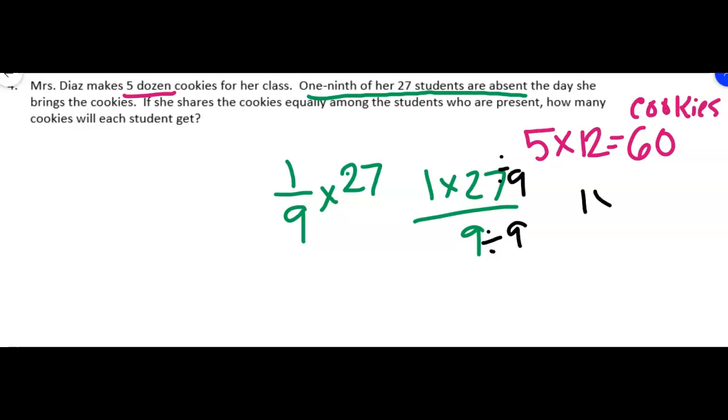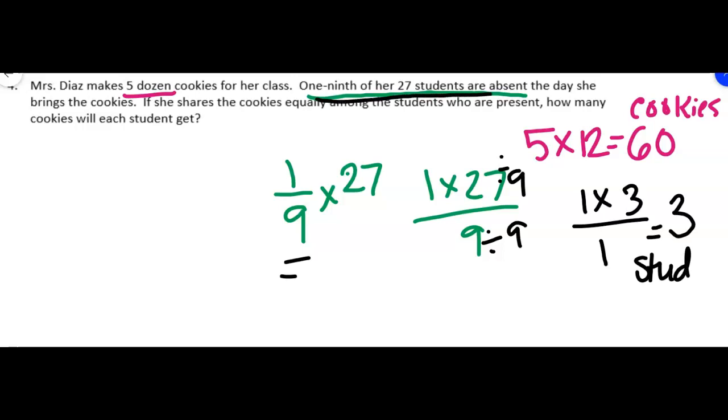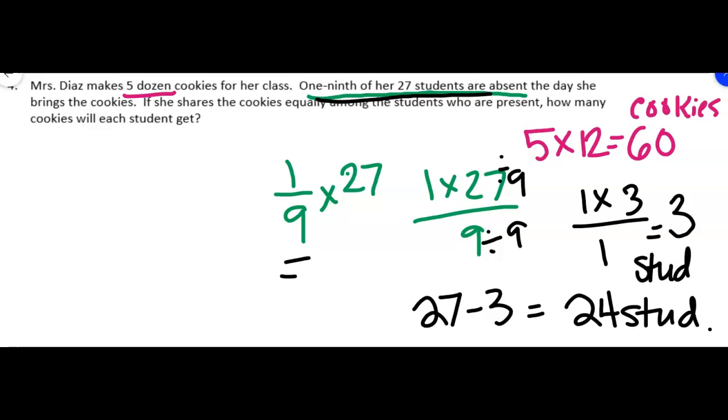So that's 1 times 3 over 1, which means 3 students are absent, because it says 1/9 of her 27 students are absent. So I know she had 27 minus 3 of those kids. That means she only has 24 students in her class today.